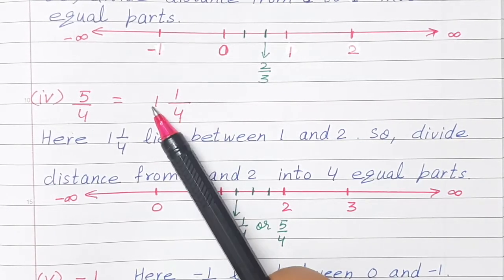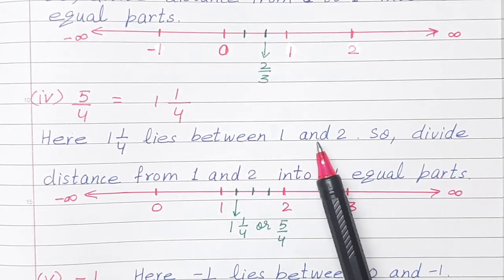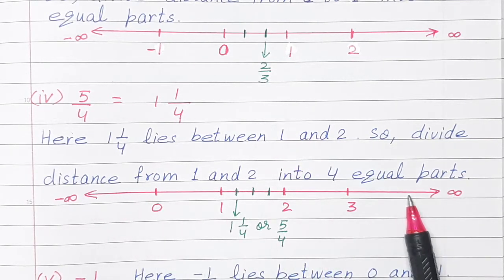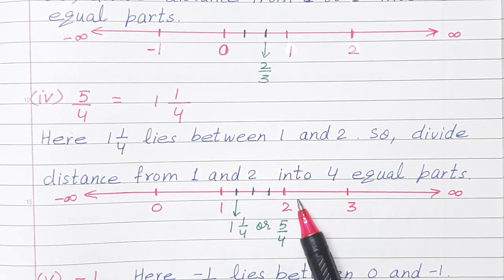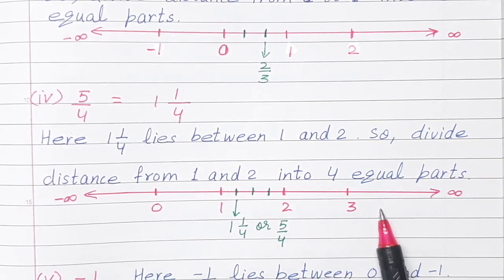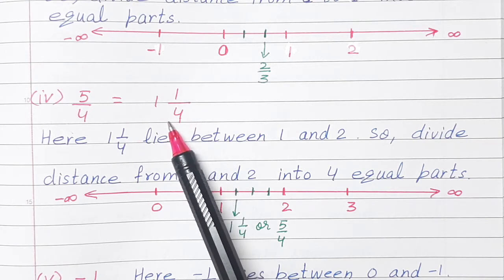Now children, 1 by 4 lies between 1 and 2. So we will consider 1 and 2 on a number line, right? So we have taken 1 and 2, and as per the rule, take one extra number on both sides, that is on the right as well as the left side, right? Now children, just now I told you in the previous part, here the denominator is 4, right?